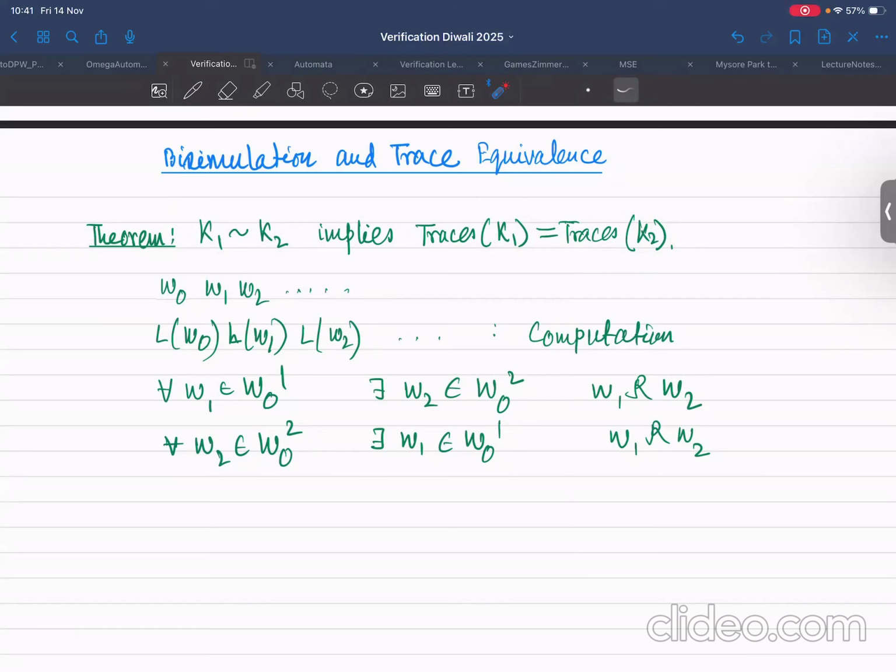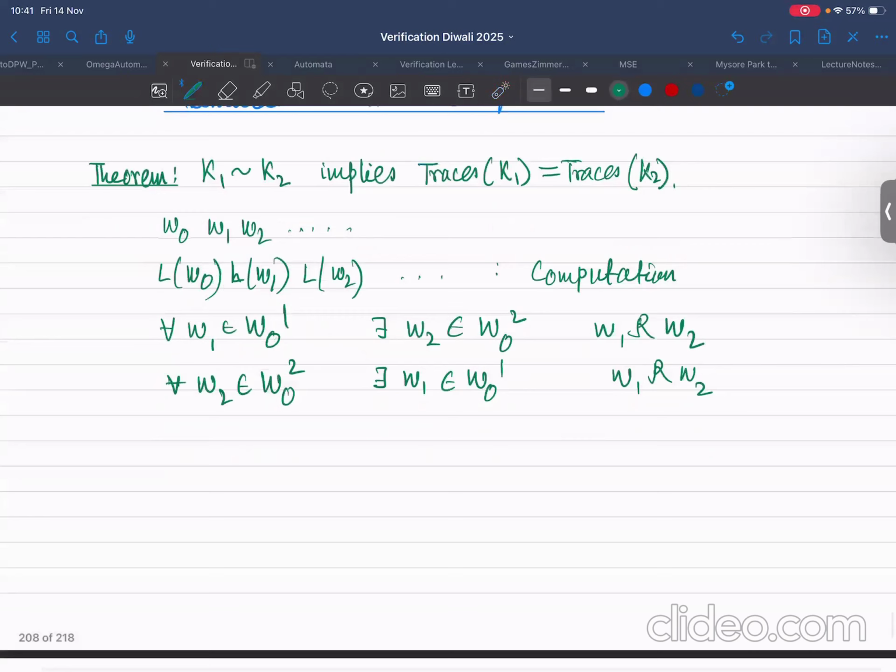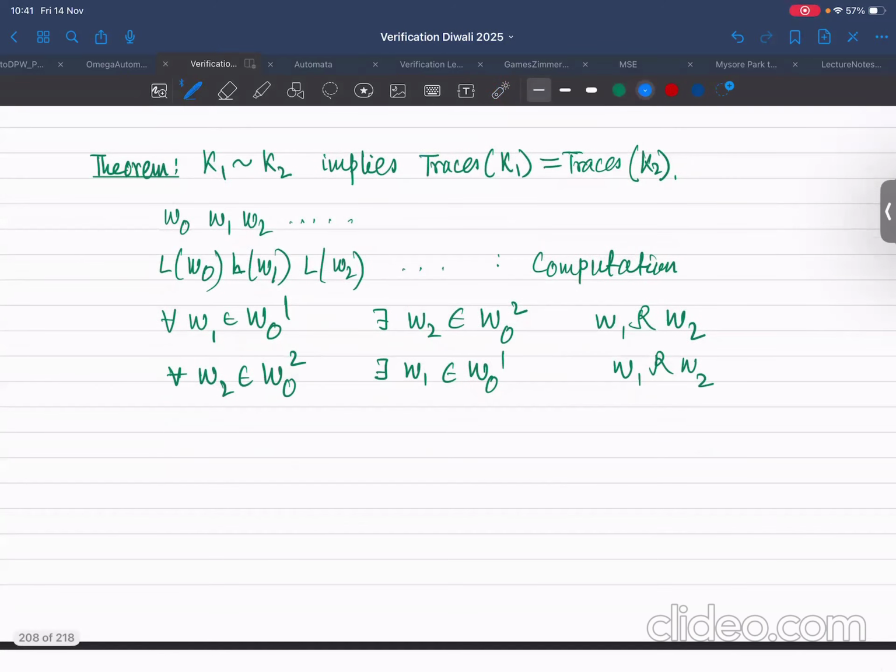How will you prove such a thing? We can consider the start states and the path bisimilarity. You consider any path of K1.